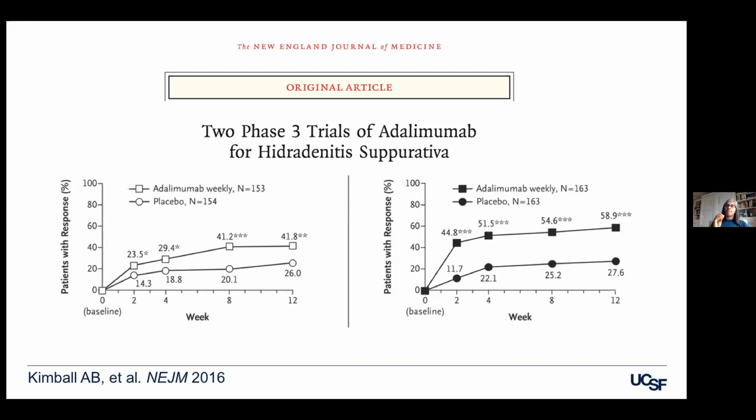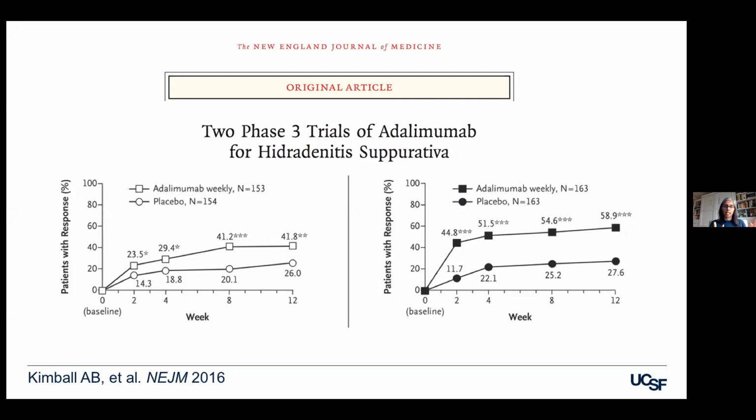So response in these trials was not complete response, it was just half of what patients started with. And you can imagine that while reducing your painful lesions by 50% is certainly an improvement, it is by no means the cure or the slam dunk treatment that we're looking for for these patients. And while it may improve quality of life, patients with HS on these treatments still suffer tremendously.